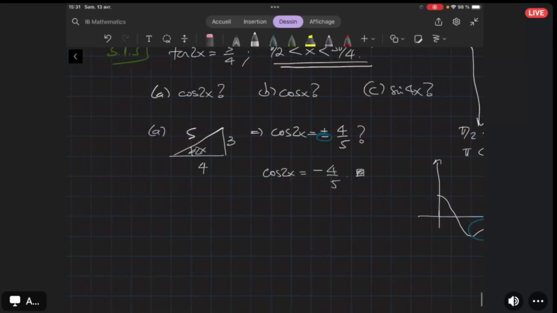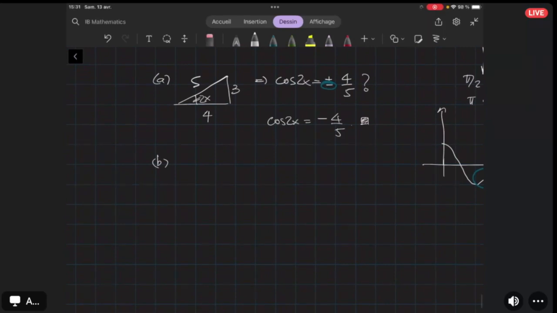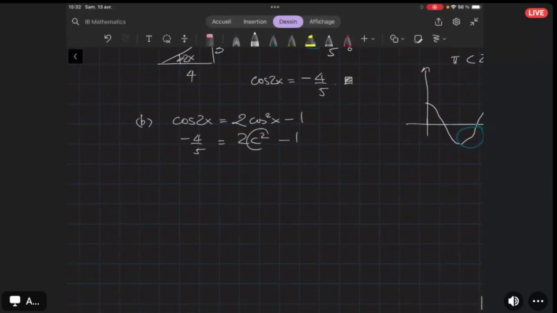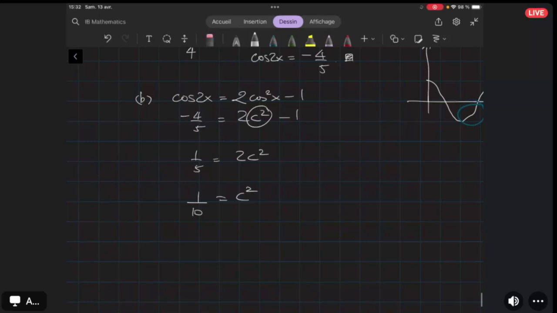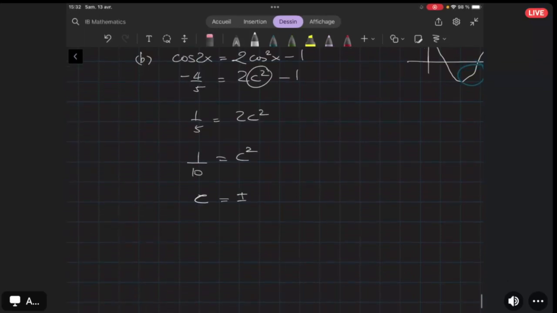From there, how do we get to cos of x? All right.